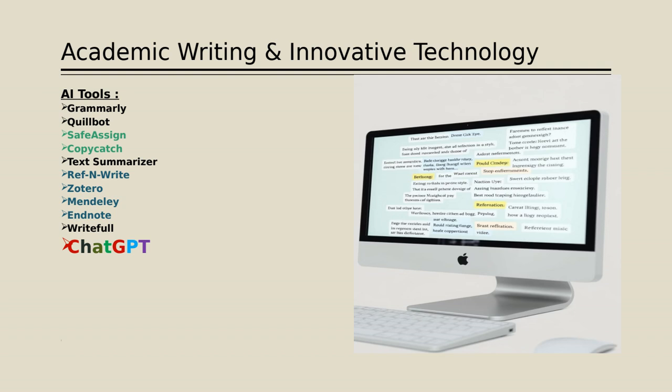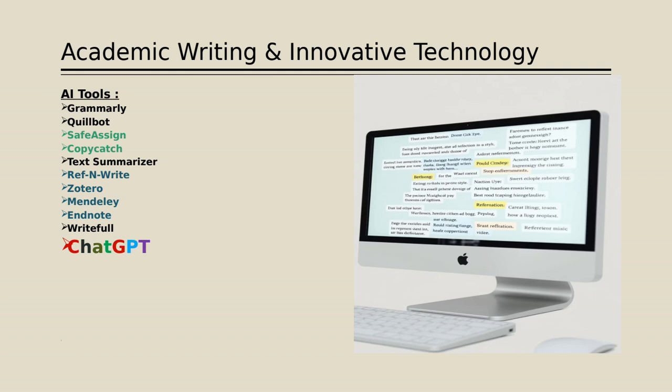Text summarizer, I think this is from Scribbr. Referright is an academic phrase bank and also a plagiarism checker. Zotero, Mendeley, EndNote, I think they have similar features and they are all related to referencing.